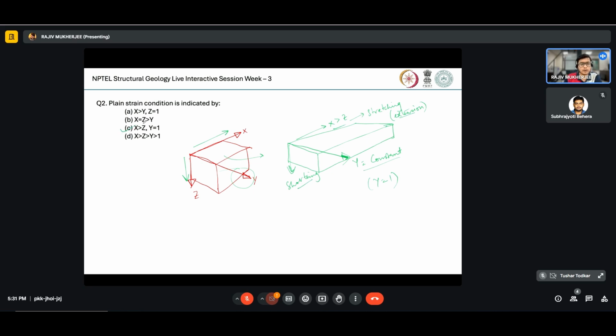So this is the condition for plane strain deformation. Okay, so this was the second question.